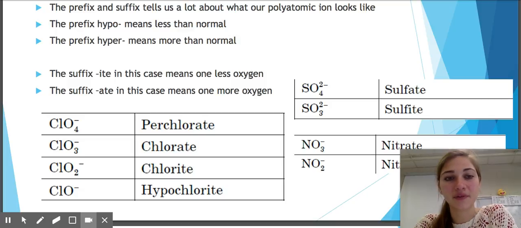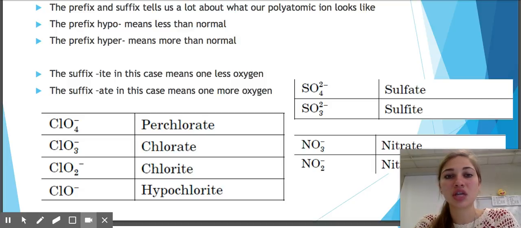And again, the 4, the 3, the 2, the 1 only applies strictly to the chlorine series of the polyatomic ions. If we notice that we have sulfate over here to the right, our sulfate has 4 oxygens.